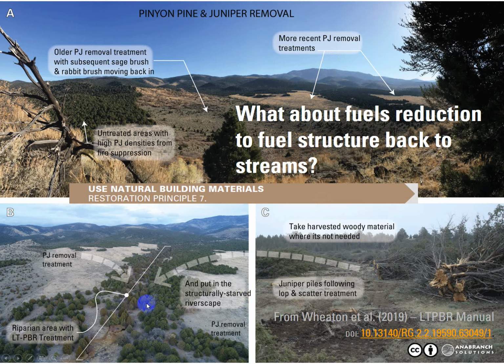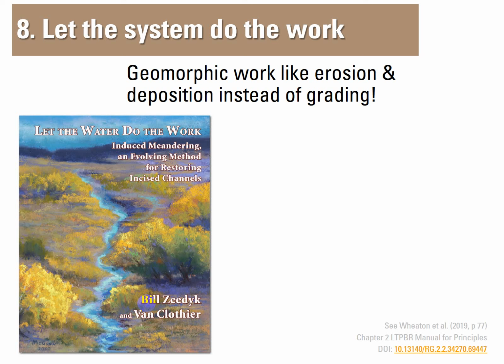Beaver will use these things as building materials if they're forced to. If they've got stuff that also tastes good, juniper doesn't, they'll use that instead. But we see them building out of sagebrush. We see them building out of just a huge diversity of materials. So use what's near.